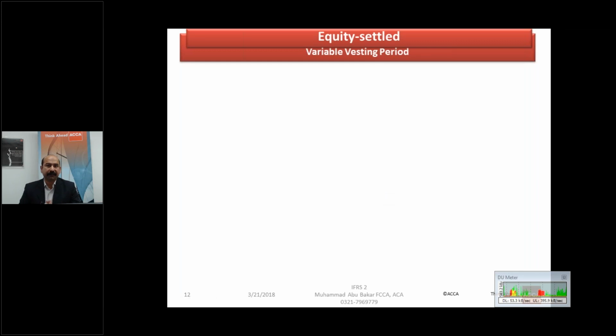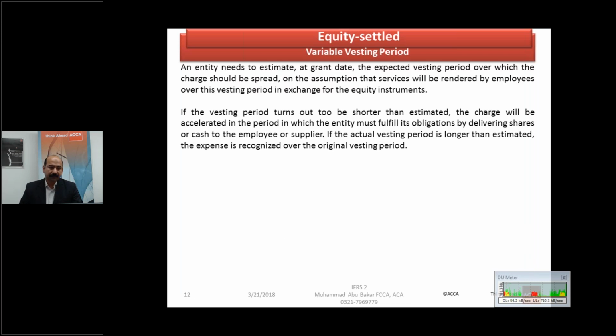If vesting period is fixed, the treatment is straightforward. But if vesting period is variable, our approach will be to estimate at the grant date the expected vesting period over which the charge should be spread on the assumption that services will be rendered by employees over this vesting period in exchange for the equity instruments.